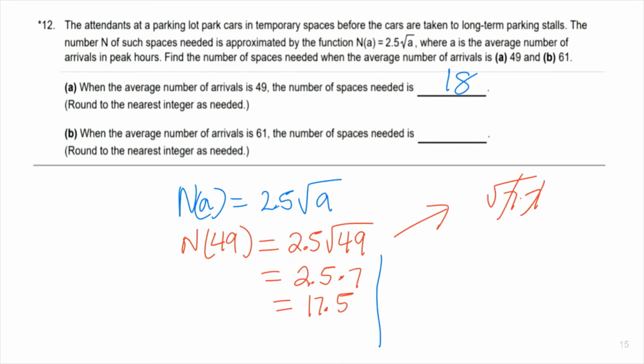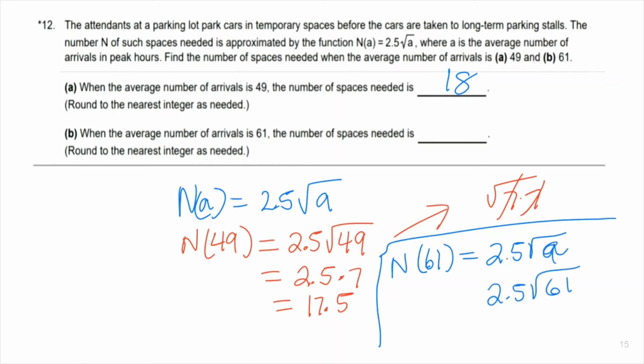And then the last part, they want to know at 61. So you'll put 61 back in. This is an a.